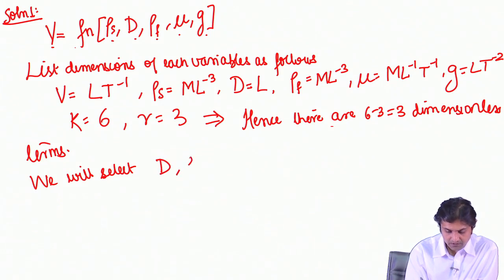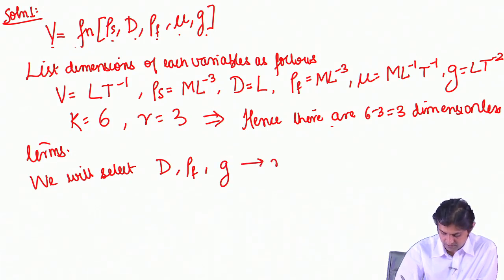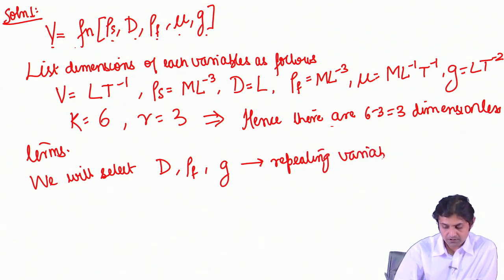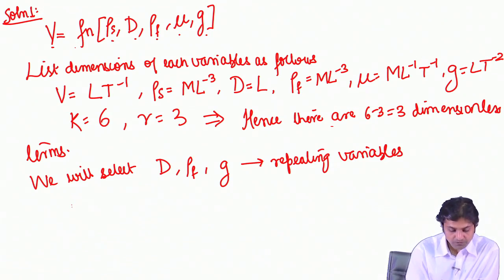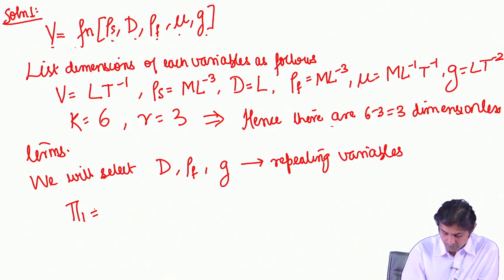We will select d, rho f and g as repeating variables. So, the first pi term can be written as, so what terms are remaining? v is remaining, rho s is remaining and mu is remaining.